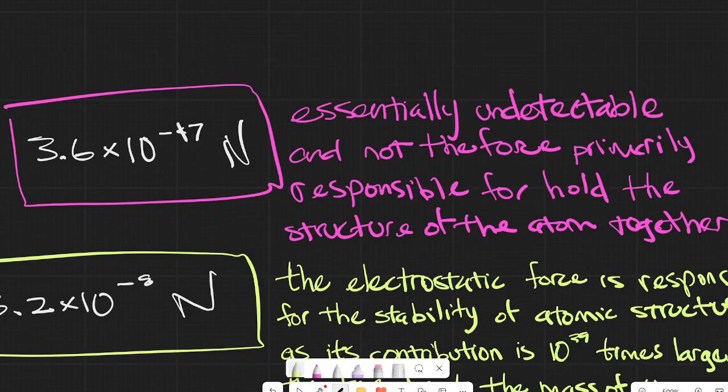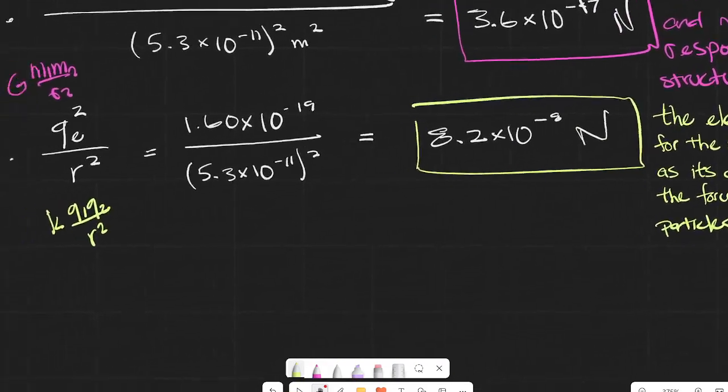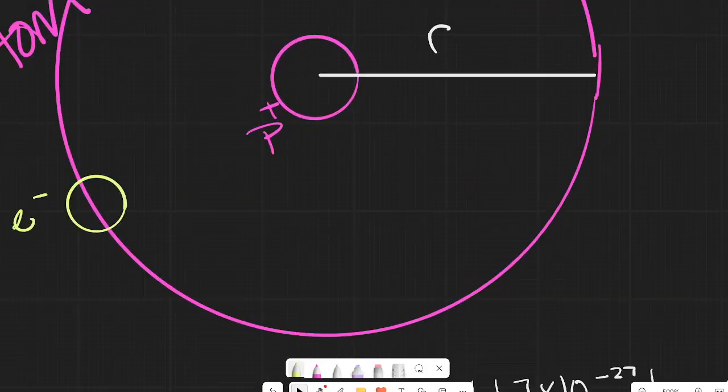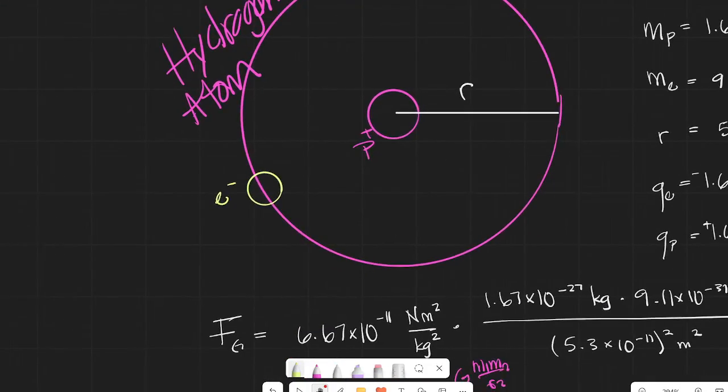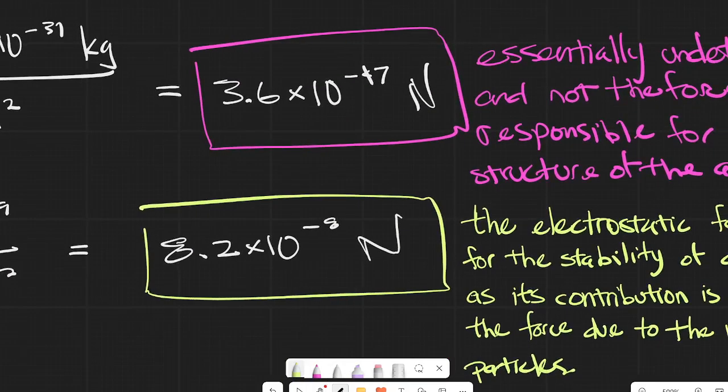And therefore, it is probably not the thing that is primarily responsible for holding the structure of the atom together. But when we do the electrical force calculation, and we see what the electric force between these two would be, we end up getting a much larger number. In fact, 10 to the 39 times larger.